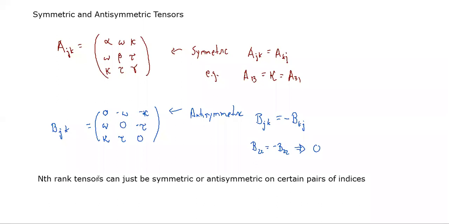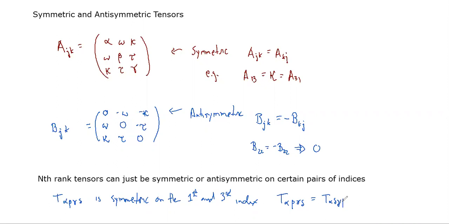So expanding that definition, what we can say is that if I have some T alpha, beta, gamma, delta, and we're symmetric on the first and third index, that means T alpha, beta, gamma, delta is equal to T gamma, beta, alpha, delta.